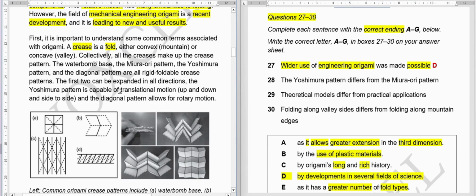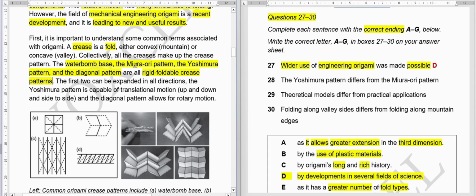The water bomb base, the Miura Ori pattern, the Yoshimura pattern, and the diagonal pattern are all rigid foldable crease patterns. The first two can be expanded in all directions. So what are the first two?